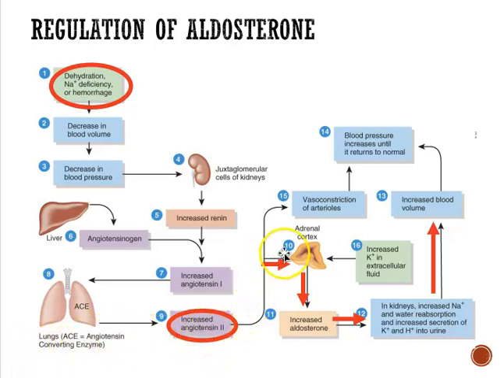And in the pathway that we're talking about right now, that will stimulate the adrenal cortex to release aldosterone. Aldosterone will increase the reabsorption of sodium, which will then increase blood volume, right? Because wherever salt goes, water essentially follows. And by increasing blood volume, blood pressure should hopefully increase. So that's just a reminder from the urinary system.